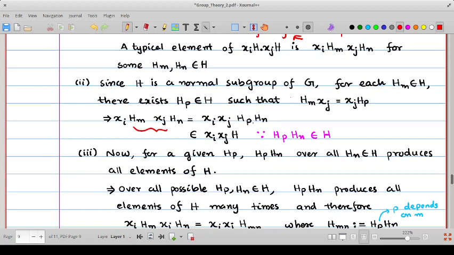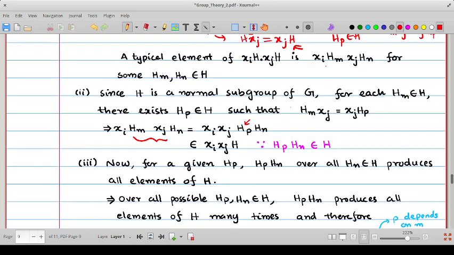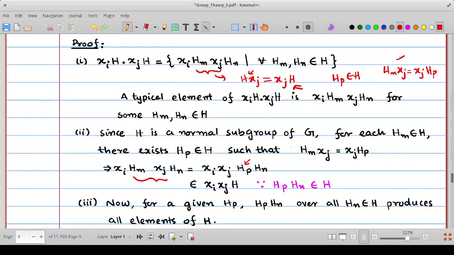Now we note that Hp Hn is an element of the subgroup H because of the closure. Now we have to consider all such elements for all possible values of hm and hn. For any hm and an element xj, there will be corresponding hp satisfying this relation that we wrote here.